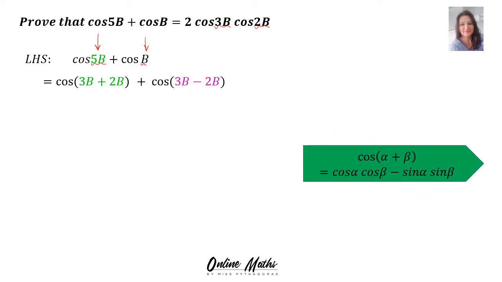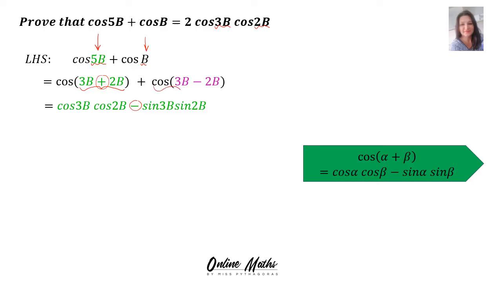Then we've got our compound angles on the formula sheet for cos alpha plus beta. So the compound angle for cos of 3b plus 2b we can then write as cos 3b cos 2b minus sin 3b sin 2b from the formula sheet.